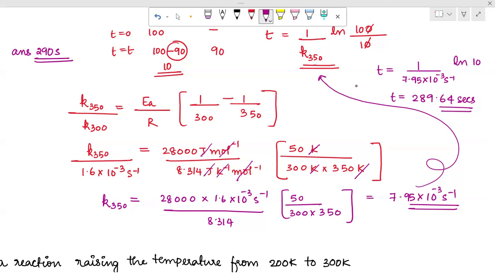And in the answer key, they gave a very wide range of 280 to 300. So any integer that you write between 280 to 300 was considered to be right.